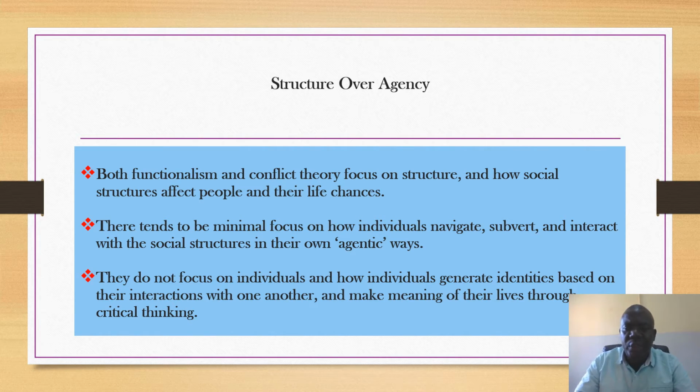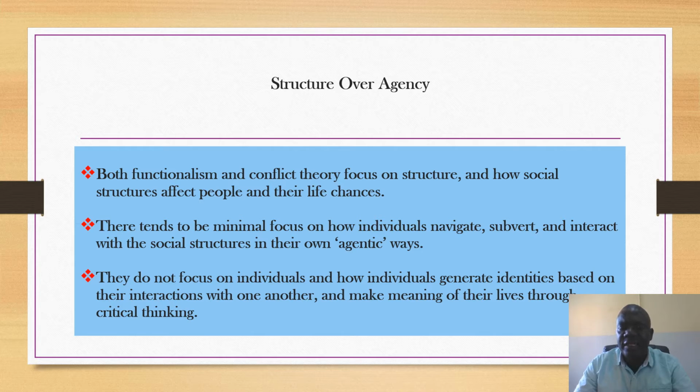The other issue that also has been seen as being a similarity between the two broad perspectives, that is conflict and functional perspective, is the fact that both of them focus on structures and how social structures affect people as well as life chances.